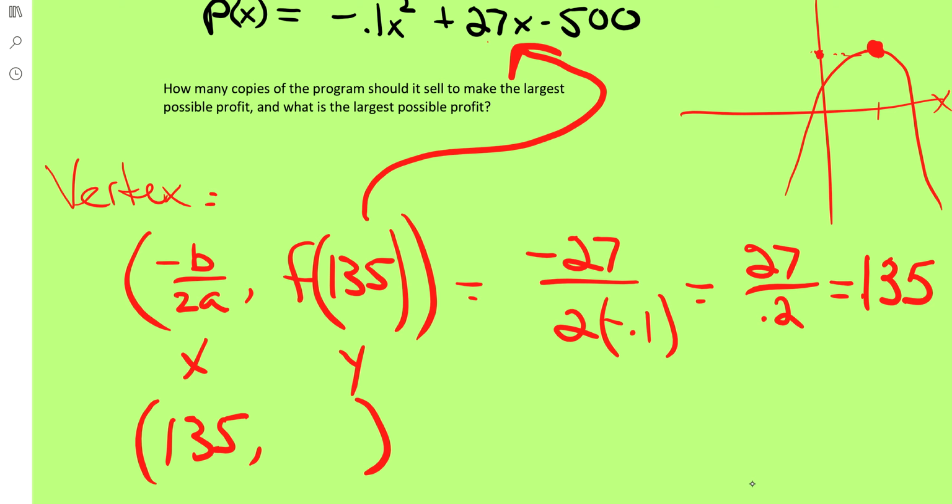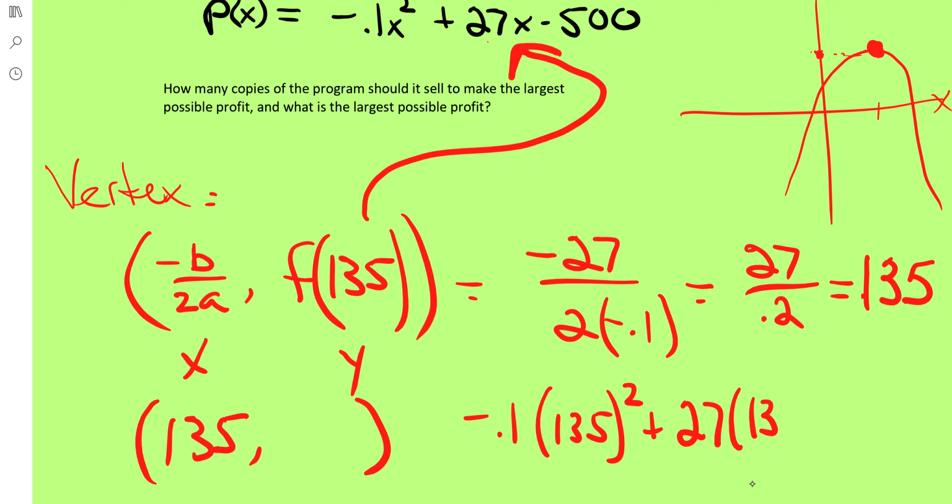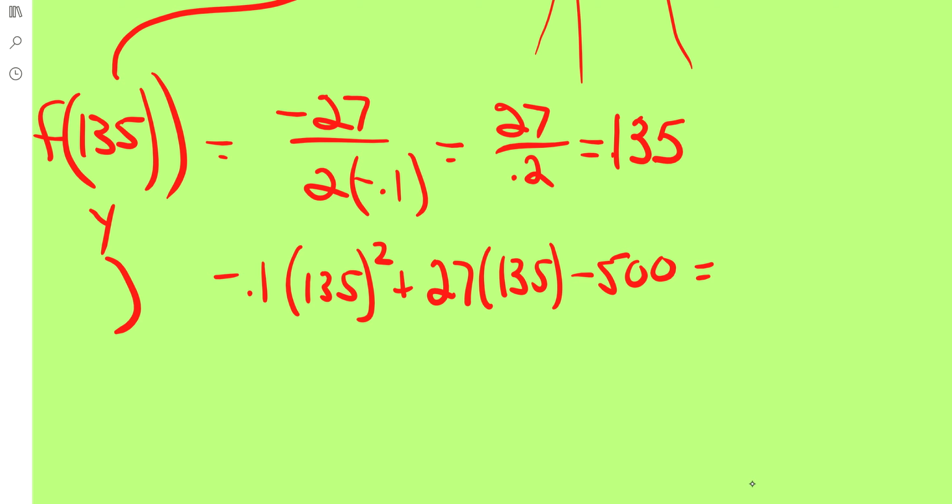It's going to look like this: negative 0.1 times 135 squared, plus 27 times 135, minus 500. And when I calculate that out, this is all going to equal $1,322.50.